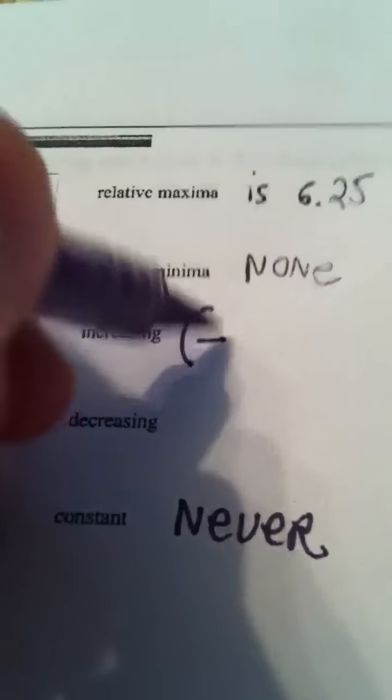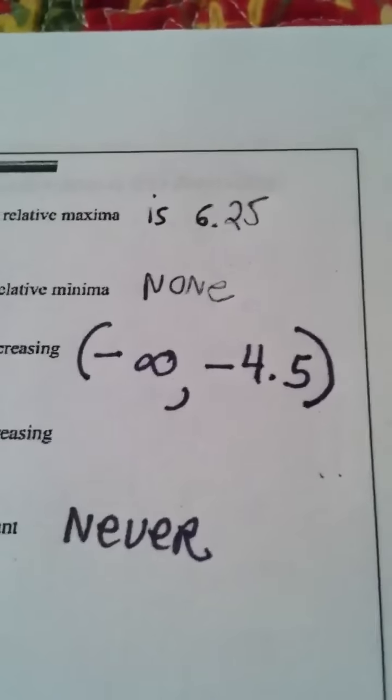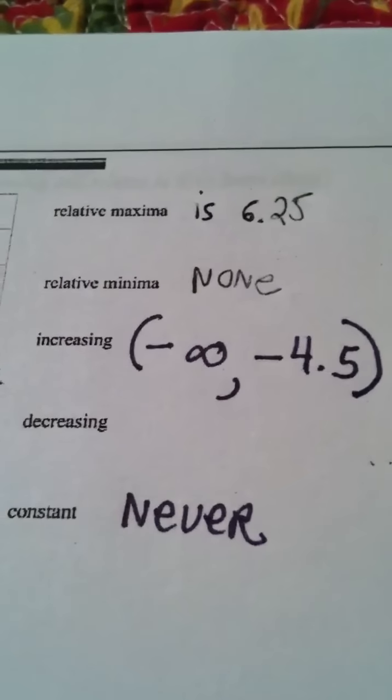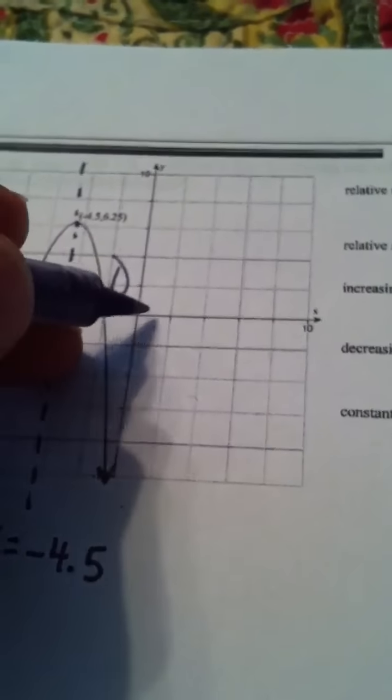So from negative infinity, comma, to negative 4.5 with a paren. Please remember, increasing, decreasing, and constant never take brackets. It's always parens.